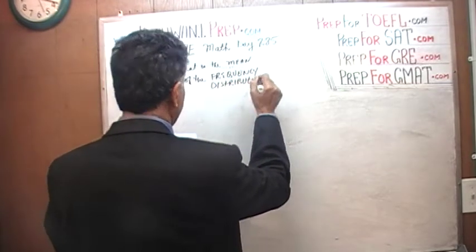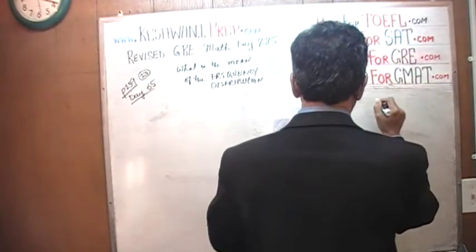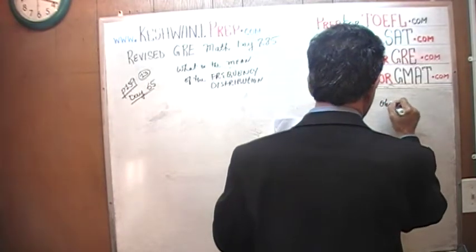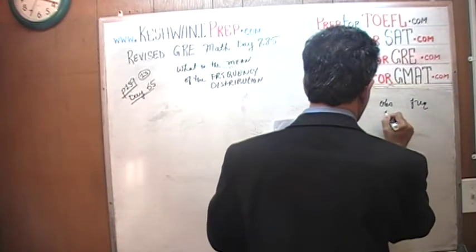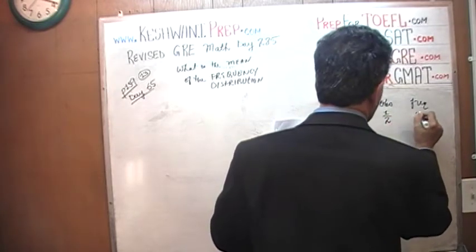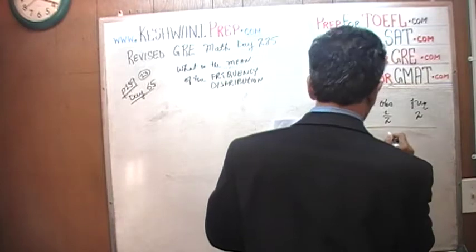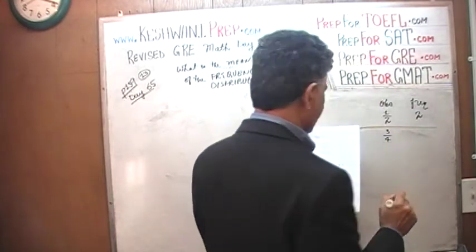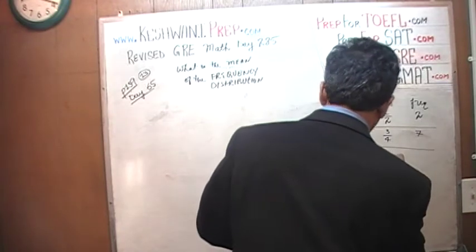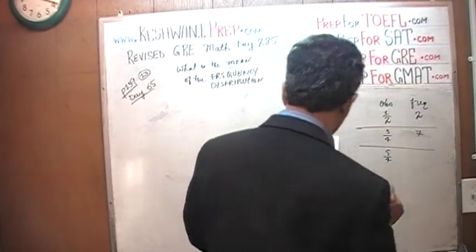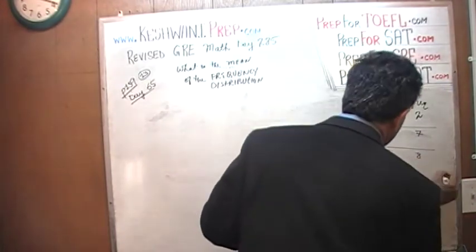And here is our distribution. Here are the observations and here are the frequencies. We have 1/2, which appears 2 times. We have 3/4, which appears 7 times. We have 5/4, which appears 8 times.